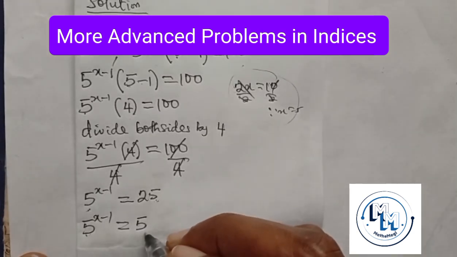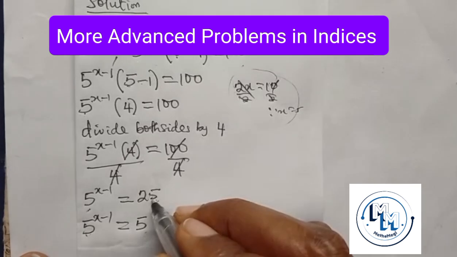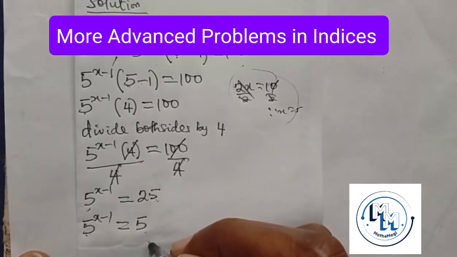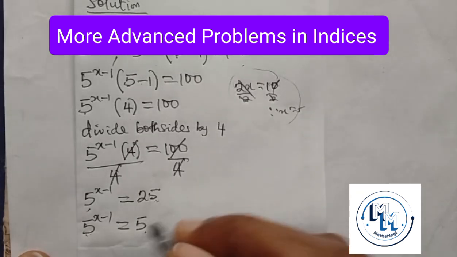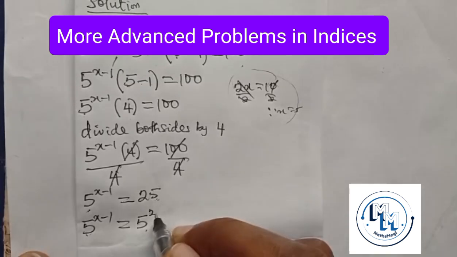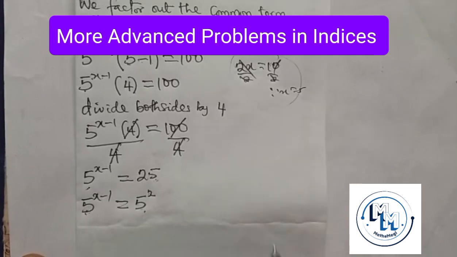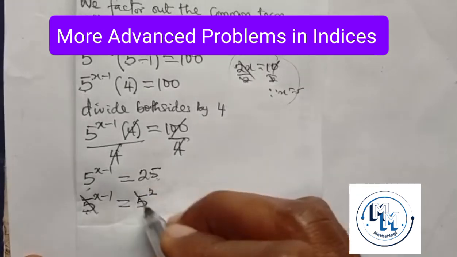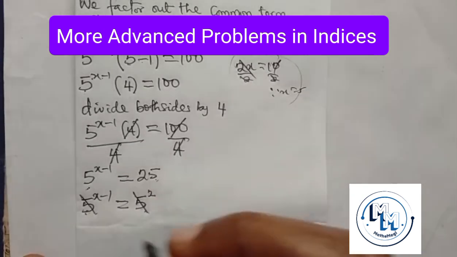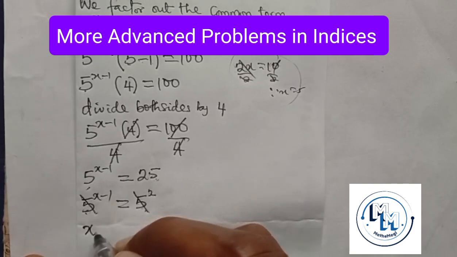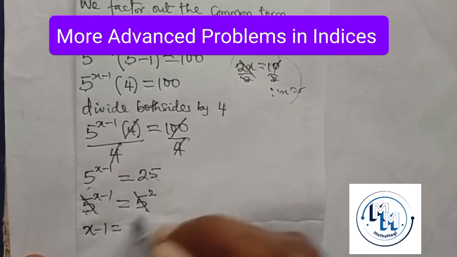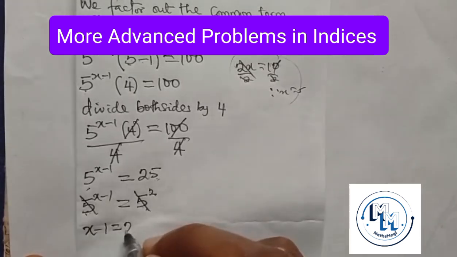Can 5 be raised to any power to give me 25? Of course, 2. If I raise 5 to the power of 2, that is 25. At this point, I have the same base. Now, the law says at this point we are going to take out these two bases.